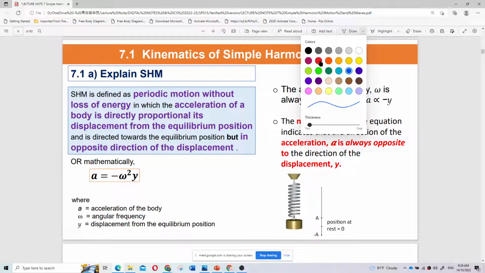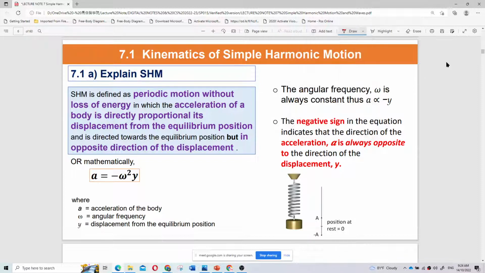Can somebody tell me? Energy is constant. Energy is not lost. That means it is always maintained in the form of mechanical energy. That means the heat loss or energy loss due to friction is zero.